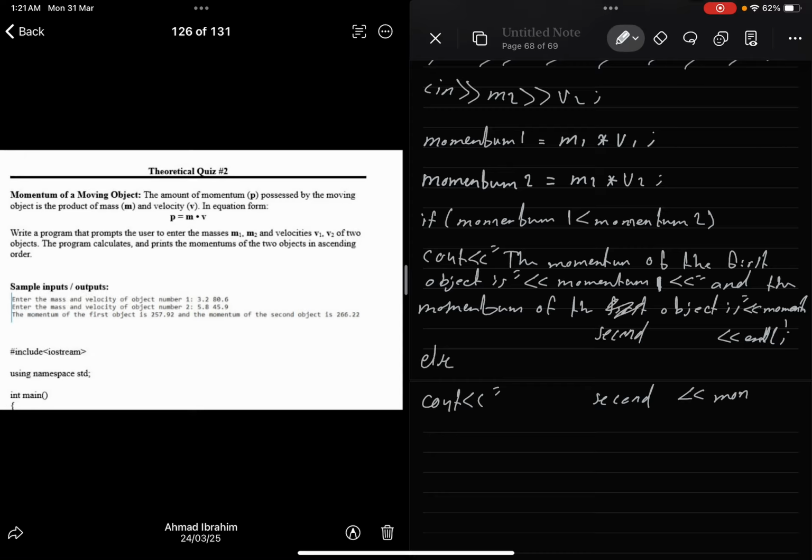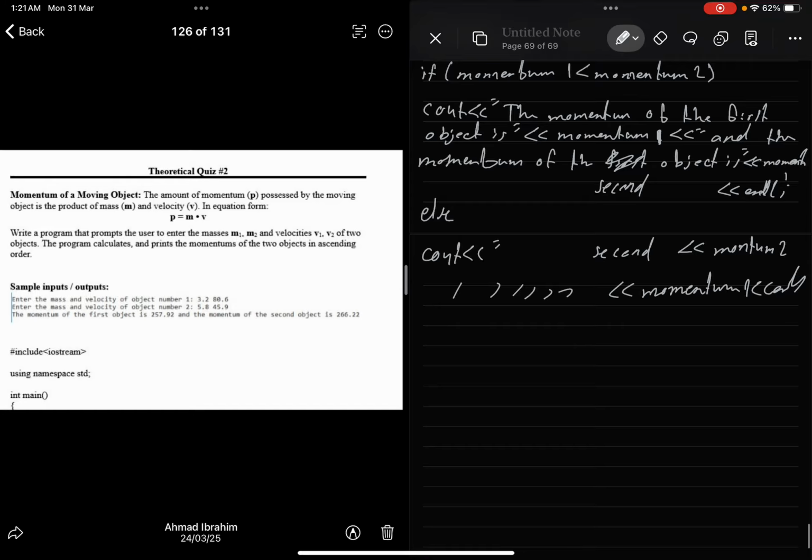I'm sorry, I messed up. Okay, so here second momentum 2, and for the momentum 1, endl. Return 0 and close the bracket.